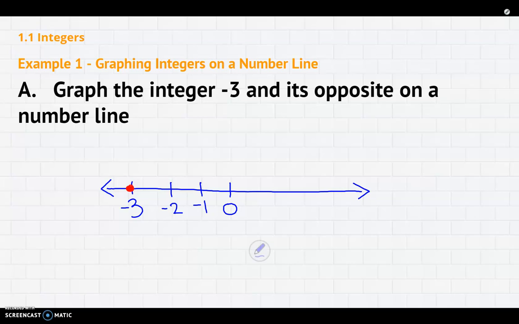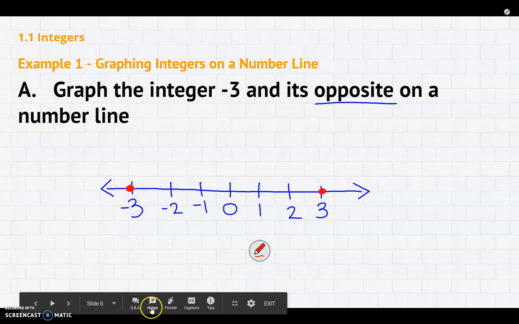But I also need to graph its opposite, right? It says opposite. Well, the opposite of -3 is +3. So now we're going to start at 0 and go the other direction. 1, 2, 3. And that is where I will graph the integer 3. And that is all I need to see from you. We have graphed -3 and +3.